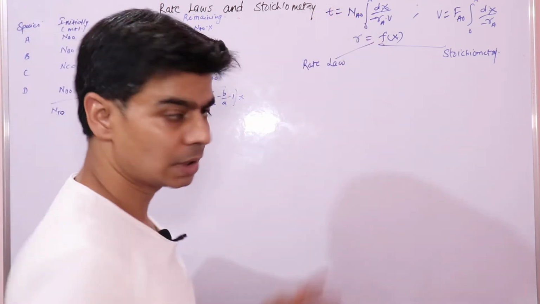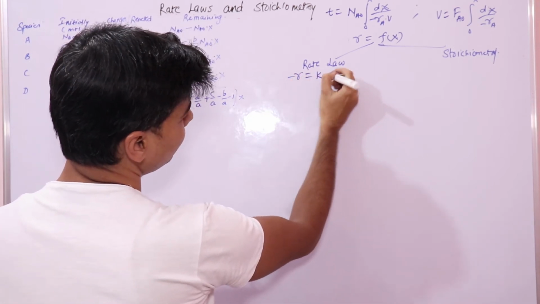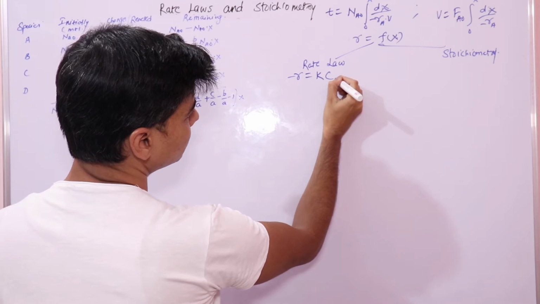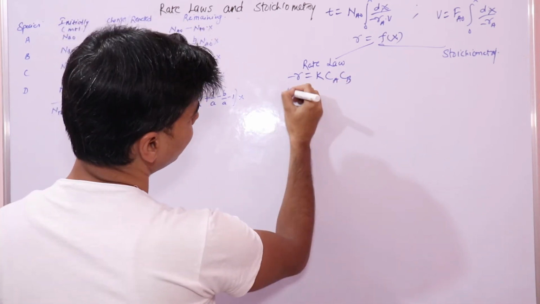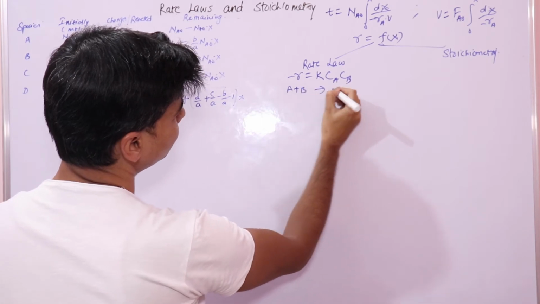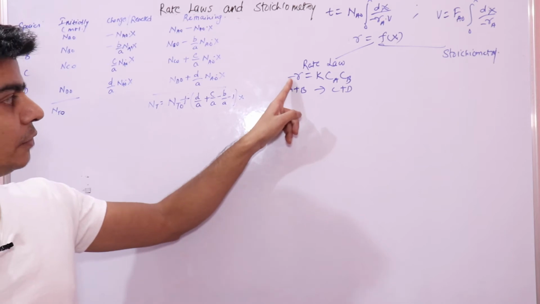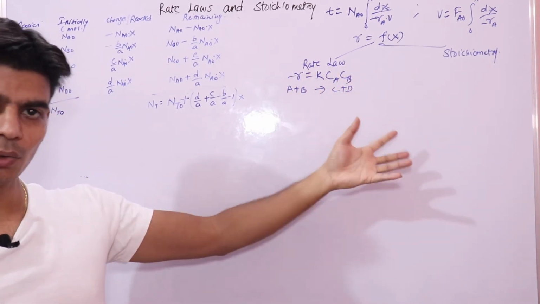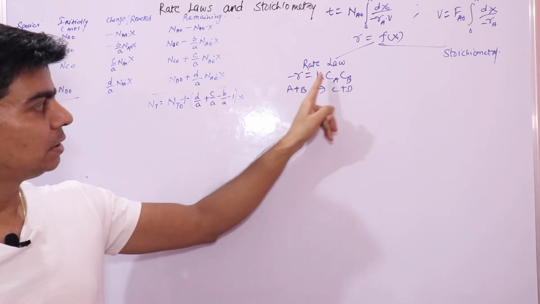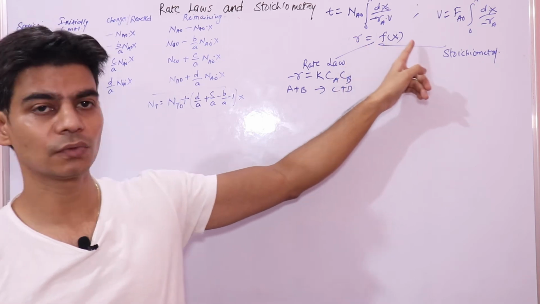So as per rate law we know that minus r_A equals k, the rate constant, C_A C_B, for any reaction where A reacts with B to give C plus D. This is how you give rate of reaction. We know rate of reaction in terms of concentration, but we have to take rate of reaction in terms of conversion.